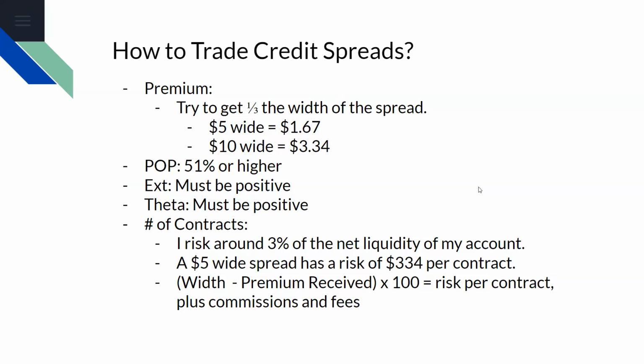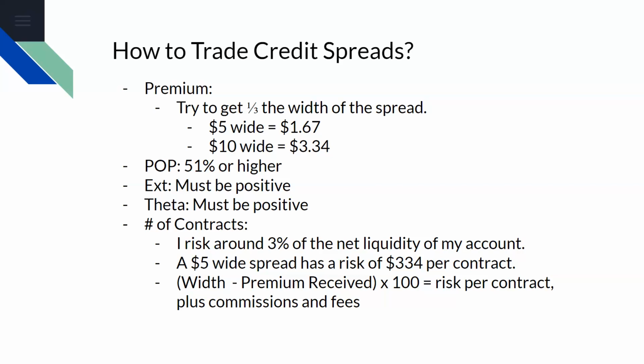So now that we know what strikes we're looking at, we need to make the numbers match. This is where we put mathematical probability on our side. Okay, so the first thing that we're going to look at is premium. How much premium do we want to get on this trade to make it worthwhile?